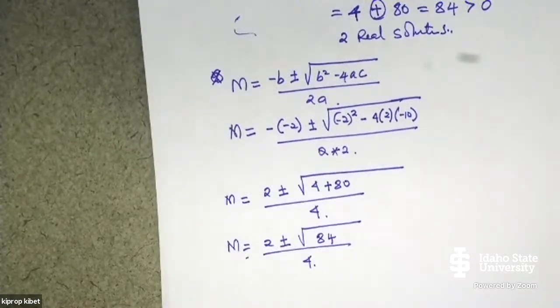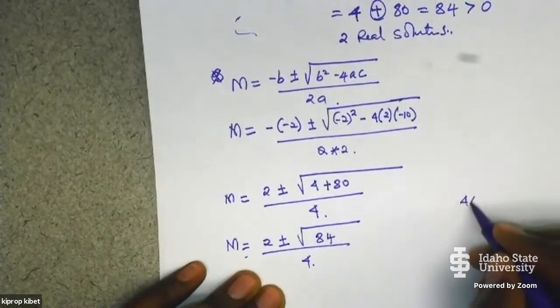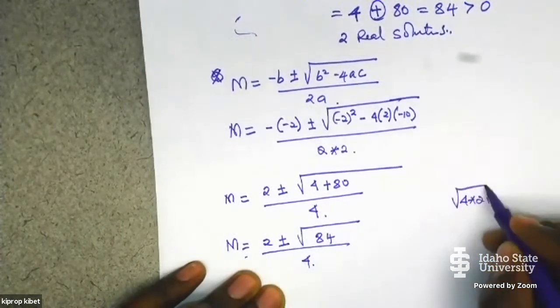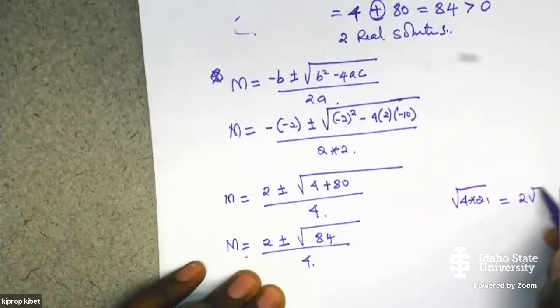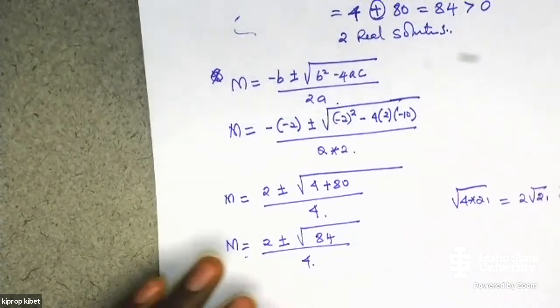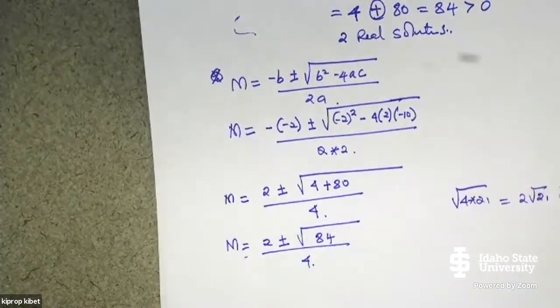So what is the square root of 84? 84 is like 4 multiplied by 21. The square root of that is the same as the square root of 4 times the square root of 21, which is 2 times the square root of 21.